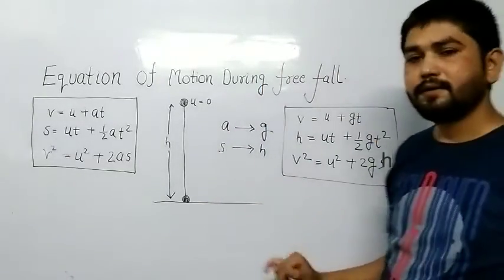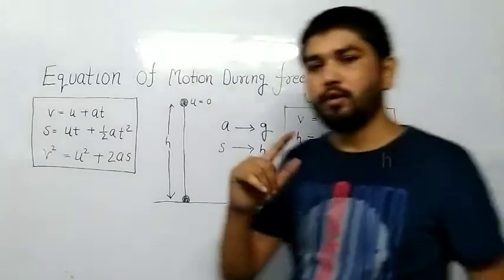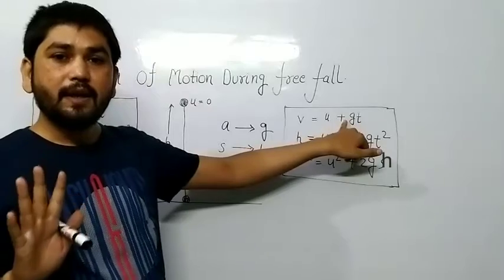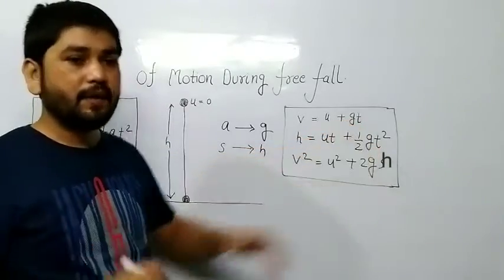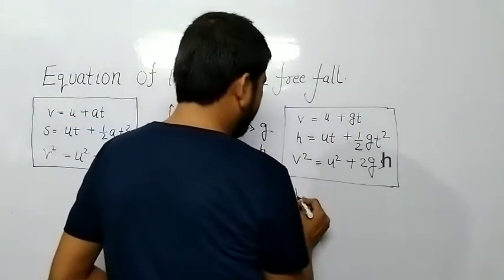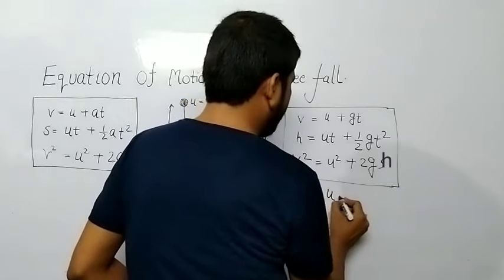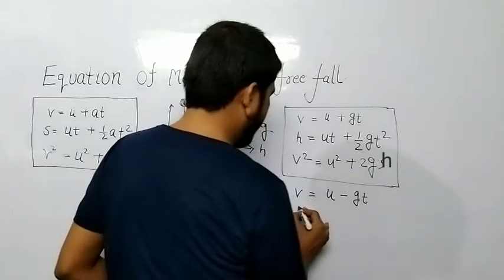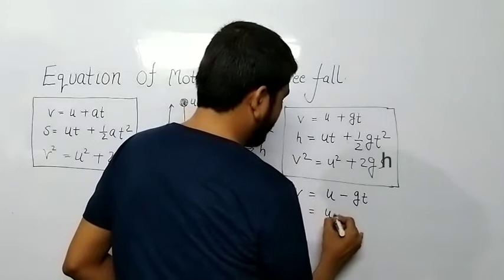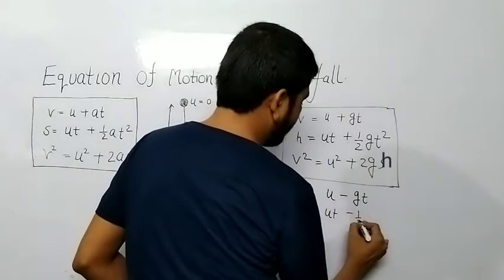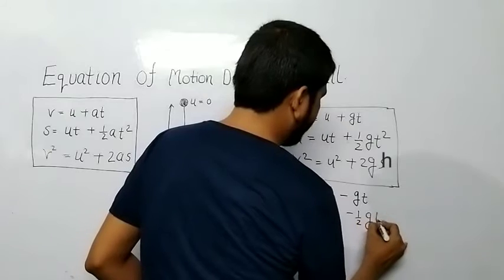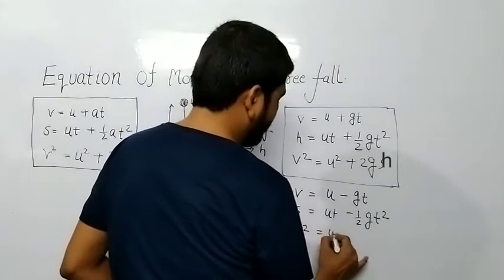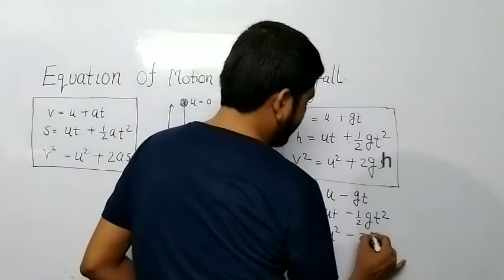So when you throw any object upward, the gravitational acceleration will be negative. So these equations will be transformed as v is equal to u minus gt, s is equal to ut minus half gt square, and v square is equal to u square minus 2gh.